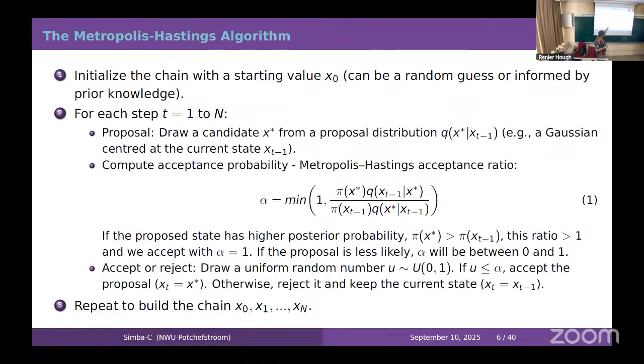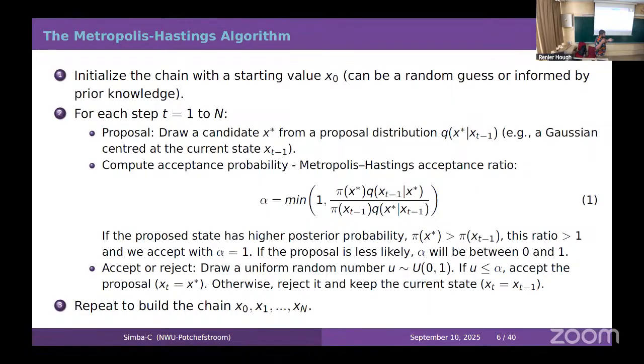And then you do a proposal of a new stop, a new position, and it compares the likelihood of that new value, that new base fit, to the previous one, and then computes an acceptance probability. If the new one has a better likelihood, it automatically accepts it.